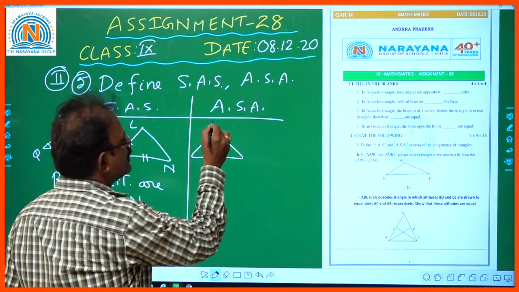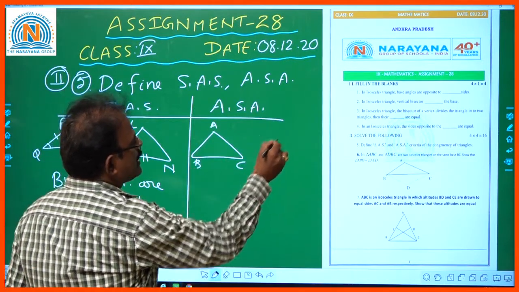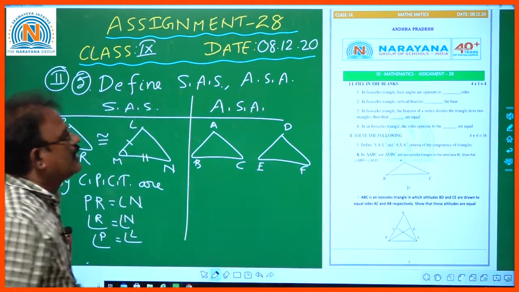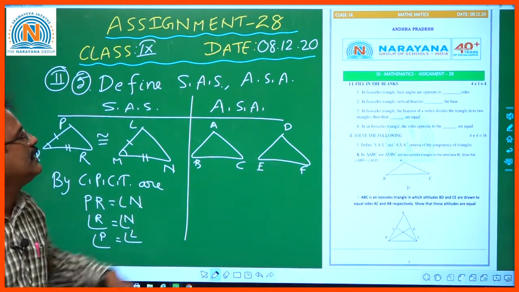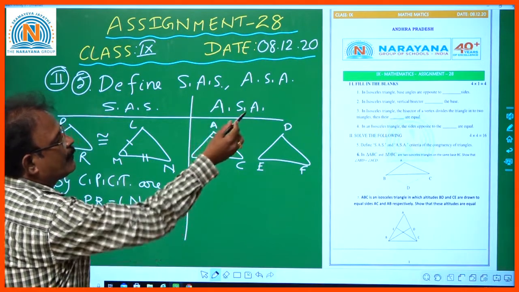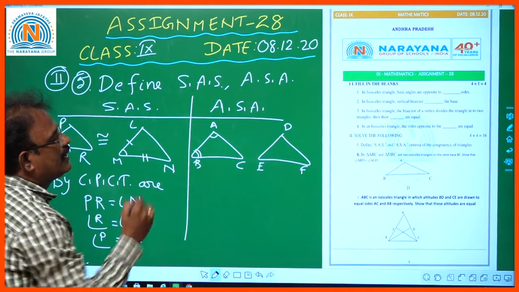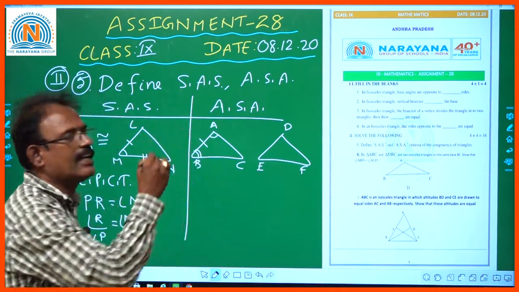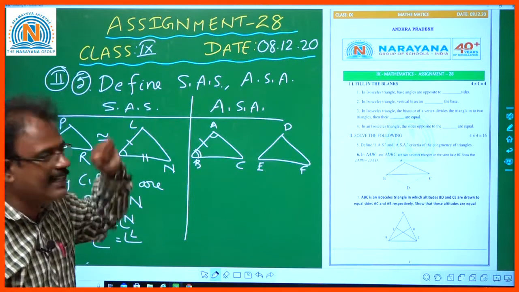Whenever you consider triangle ABC and triangle DEF, see children, in the first triangle, two angles, say for example angle A and angle B, and the included side for angle A and angle B is side AB.